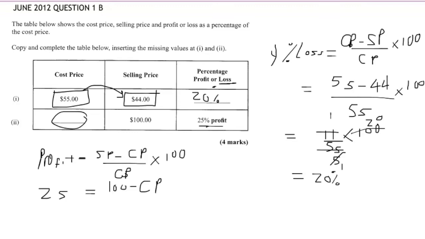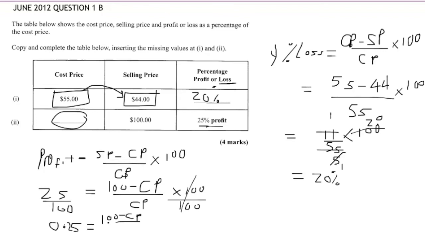Cost price, I don't know. Times it by 100. So I can just divide both sides by 100. This cancels. So this would be 0.25 is equal to 100 minus CP over CP.